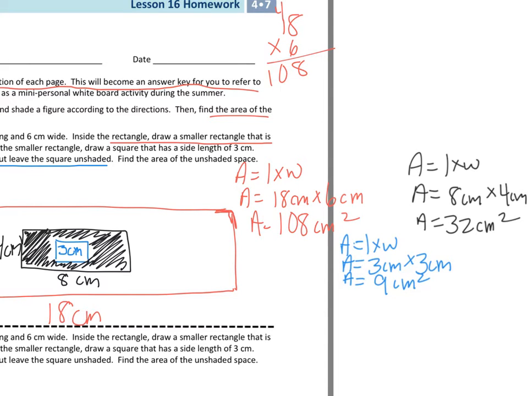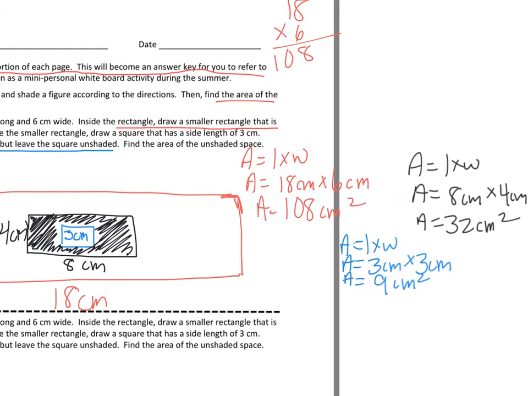Now I have to find all of the unshaded portions. So in order to do that, I'm going to take away the black rectangle from this red.